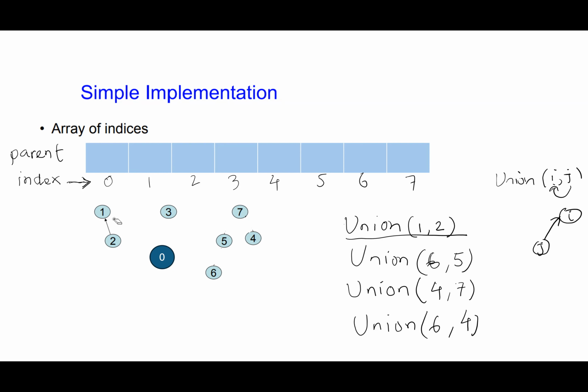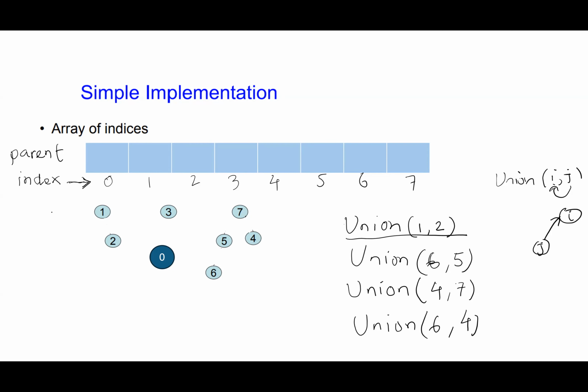Let's go back one step. Initially, you see these 8 disjoint sets, and they are each a tree, because we can build trees with just one node. The representative of each of these trees was itself.